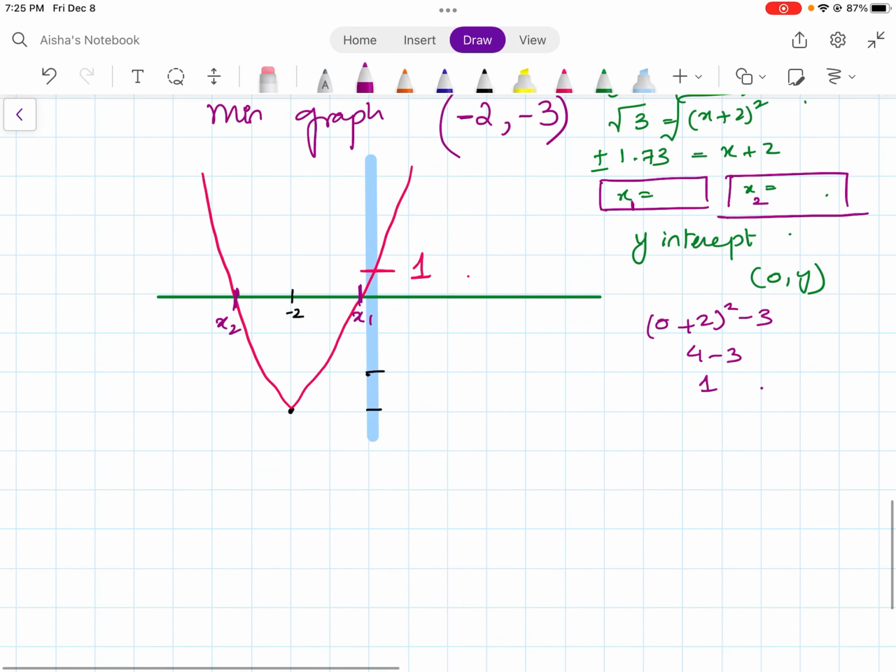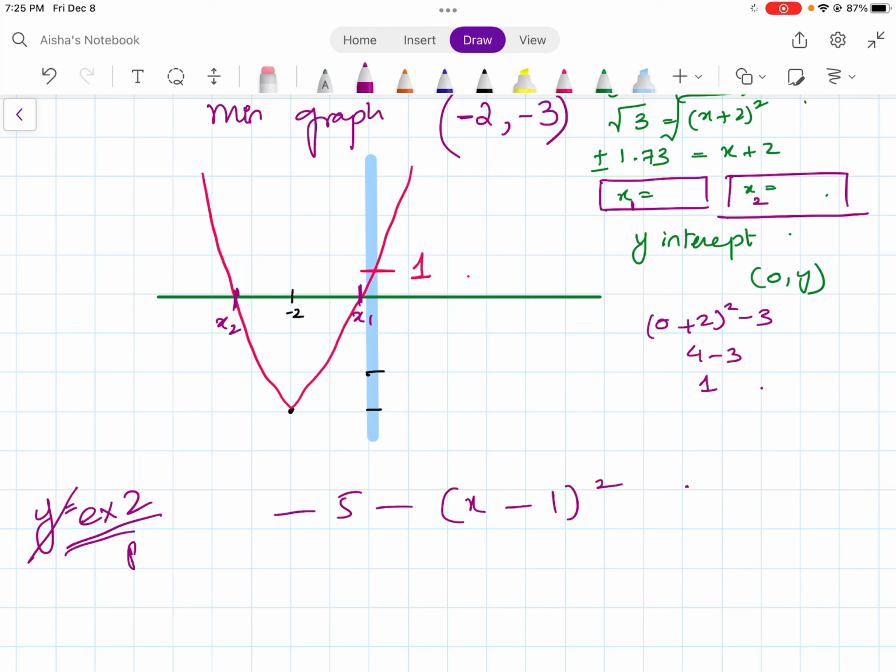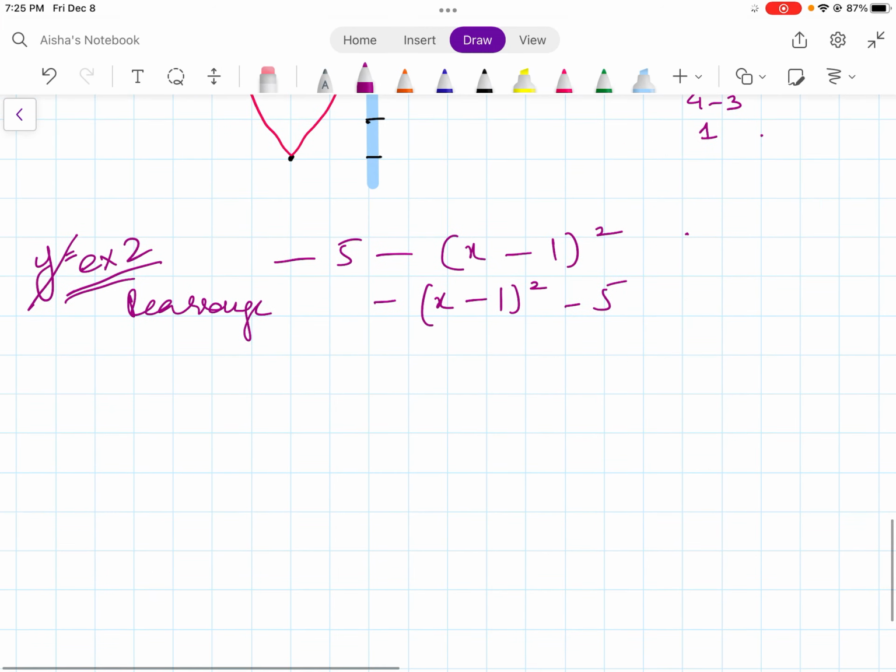Now, let's do another example. First rearrange. Now we know that this is a maximum. 1 comma minus 5. Why is it 1?